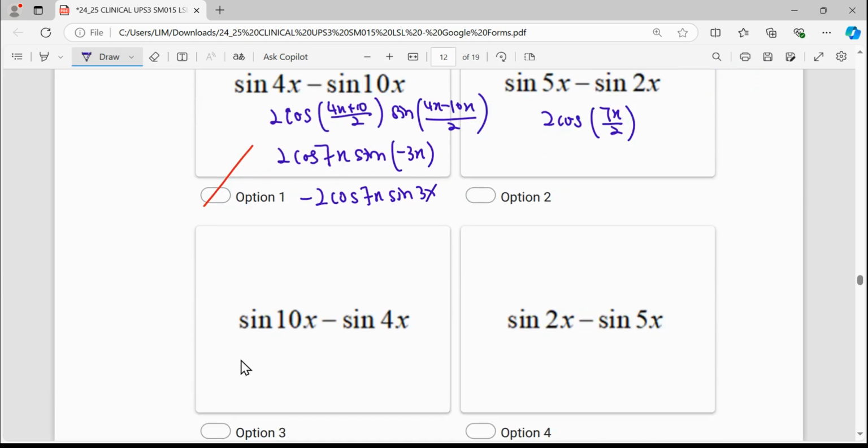And then this one will be 2 cos 14x over 2, so 7x. Yes. Then sine 6x over 2, it will be 3x. So it's just missing the negative. This is not correct. Then for this one, 2 cos of P plus Q over 2, 7x over 2, so this is not correct.